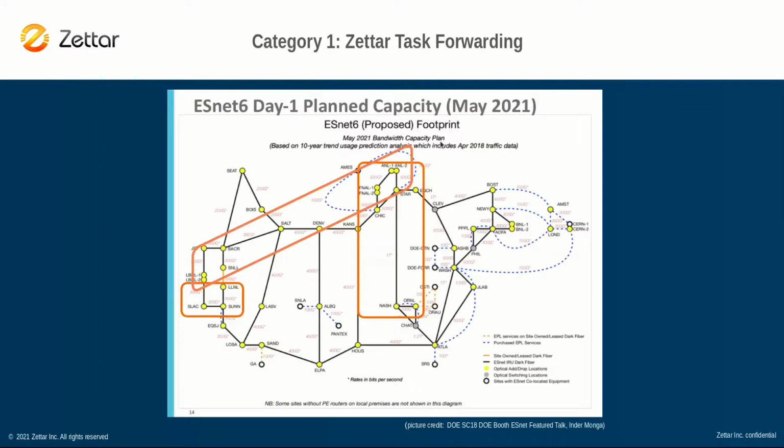ESnet Executive Director Inder Monga gave a feature talk on ESnet 6 in the DOE SC18 booth. I have borrowed a slide from his deck. As you can see, different segments of the ESnet 6 backbone could be of a different bandwidth. Around the Argonne National Lab Leadership Computing Facility, also known as LCF, the bandwidth is in general higher.